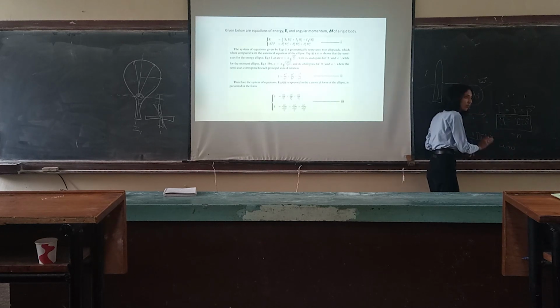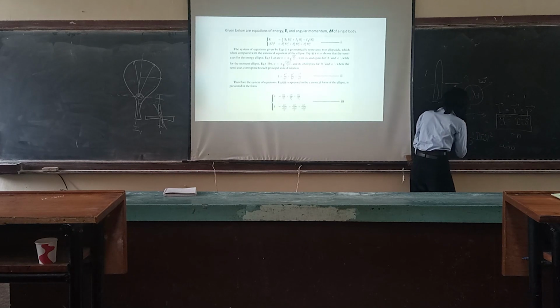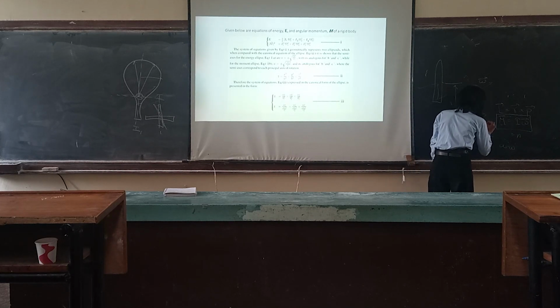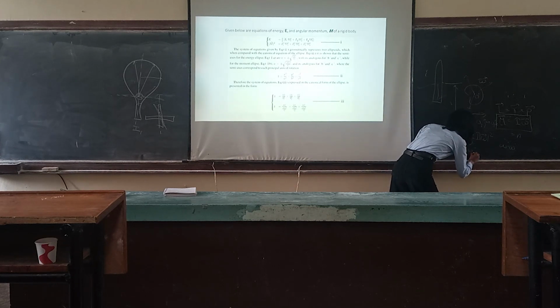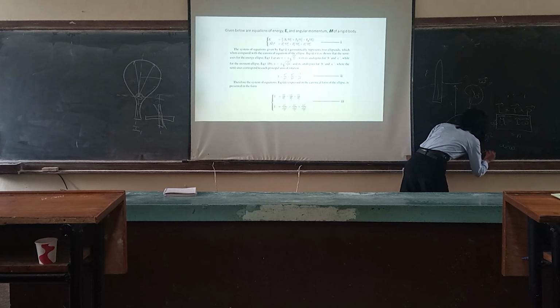This also gives us omega squared. Since I took omega as a vector, omega x i plus omega y j plus omega z k, the three components, if we take the magnitude, this gives omega squared, which is omega x squared plus omega y squared plus omega z squared.